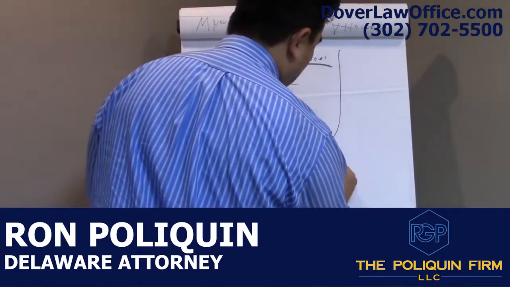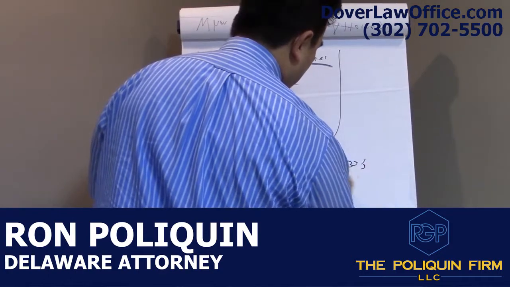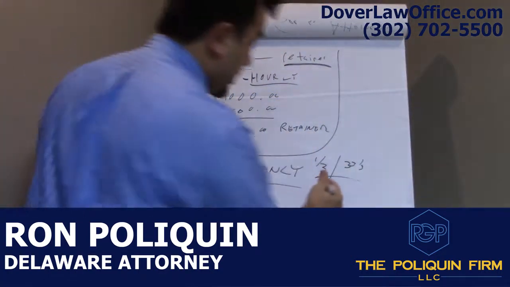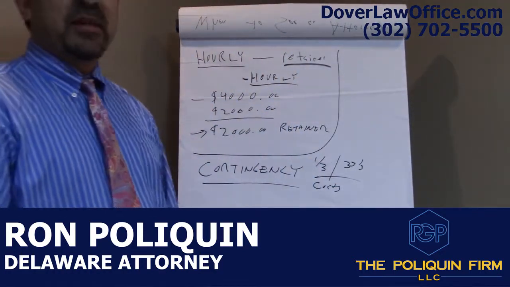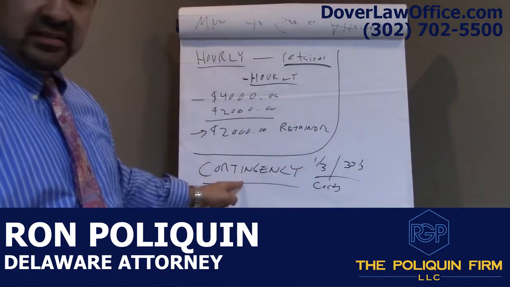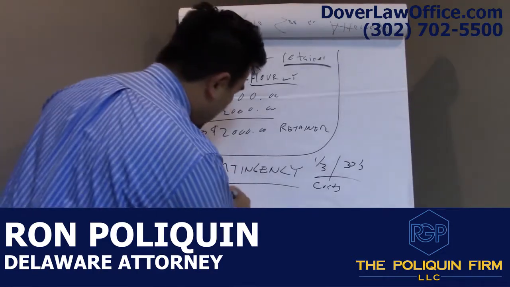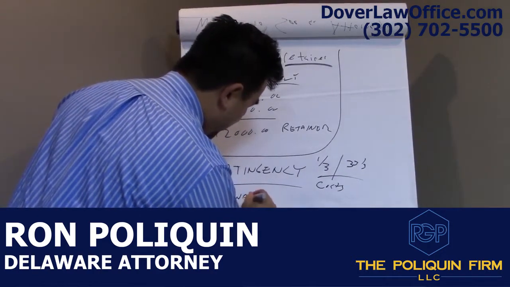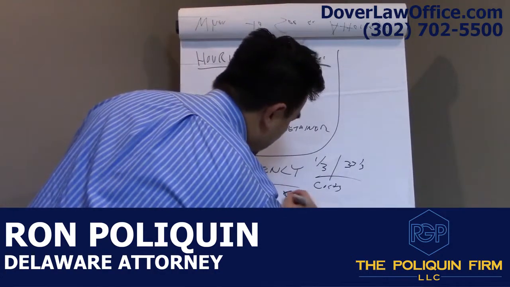Meaning sometimes it's a third, sometimes people make it 33 1/3, plus cost, meaning cost would be taken out of the client side of it. The client would be responsible for cost, but that'll all come out of the ultimate award, okay? So let's say the settlement's 15 grand.